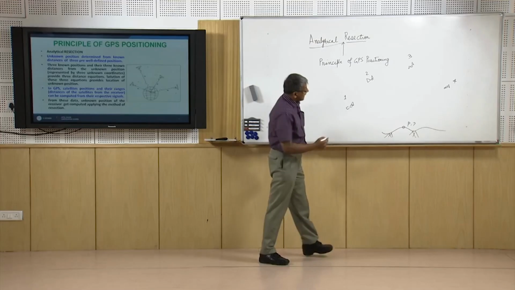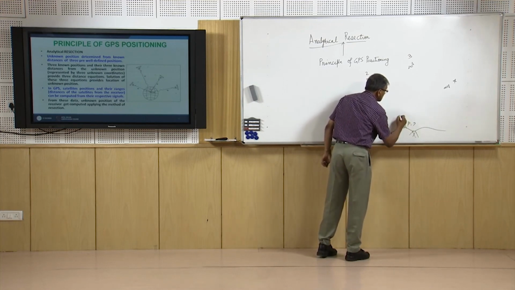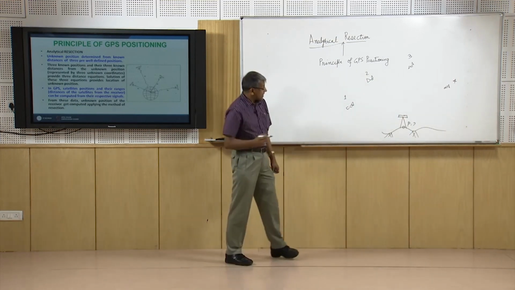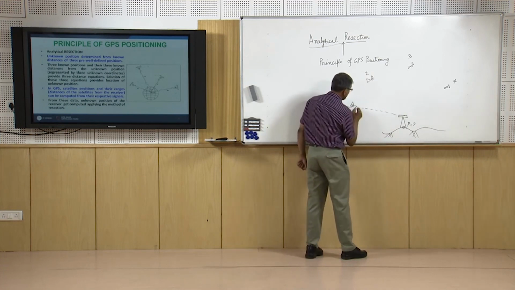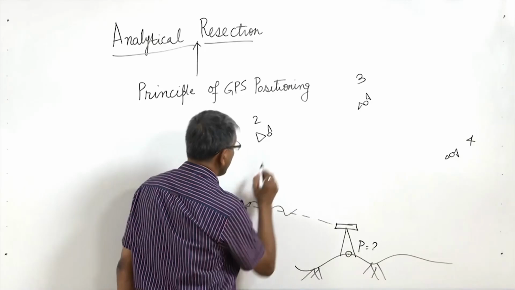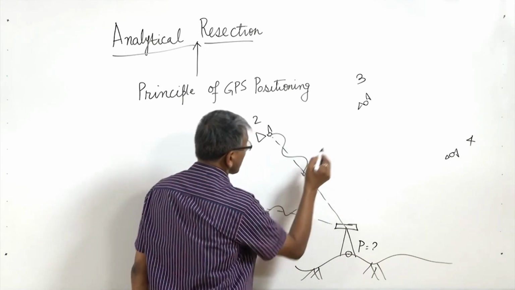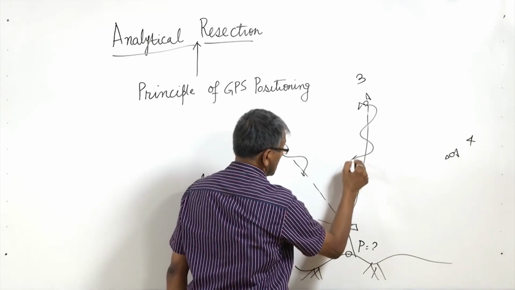At this point we place a GPS receiver. This receiver receives GPS signals from these satellites.